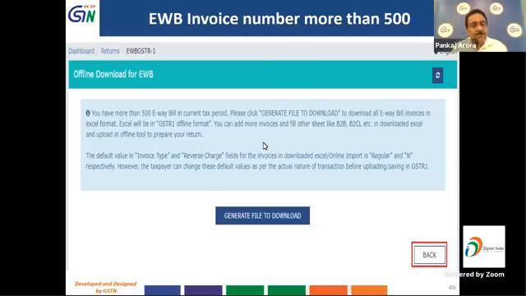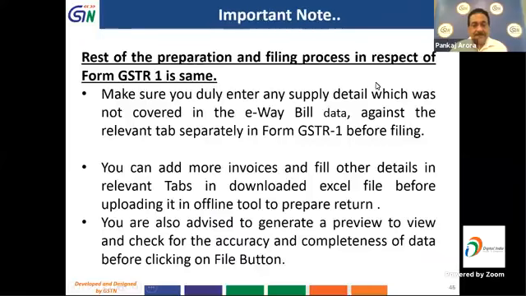Also, you will have to check for the default values. If the transaction type is different, please change these default values. So once you click on this button, the rest of the preparation and filing process in respect of form GSTR1 is unchanged and is the same.